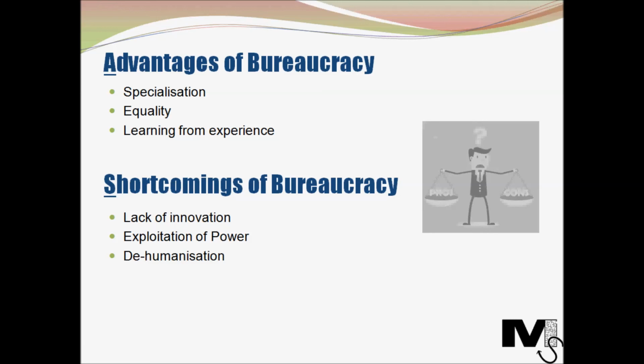Now, people in bureaucracies were actually made to feel like cogs in a well-oiled machine. The flow of communication was always from the top to the bottom, and feedback from the bottom was never allowed. Now, this obviously would lead to dehumanization of employees, and in the long run, it would lead to dissatisfied staff, and could lead to revolts.